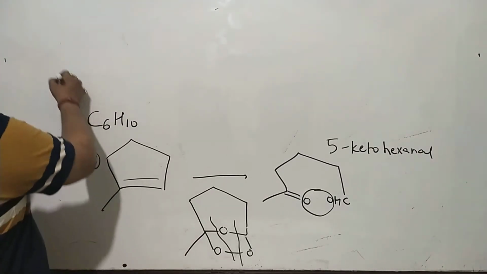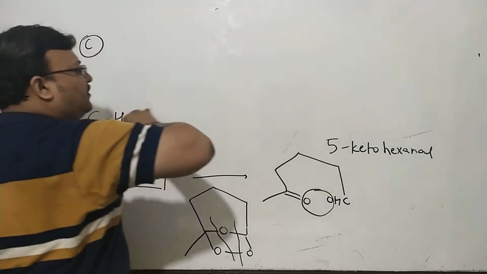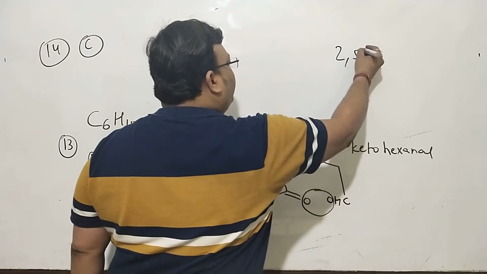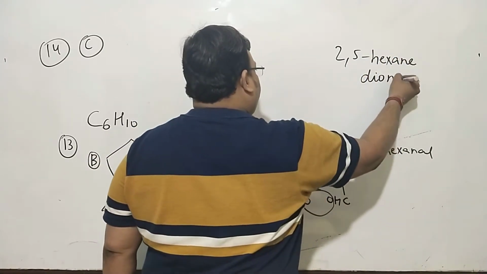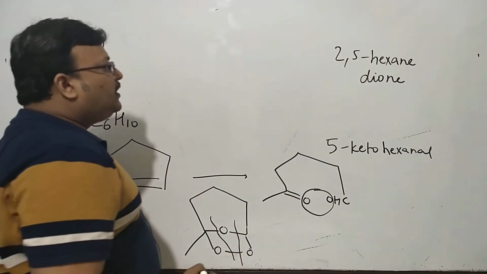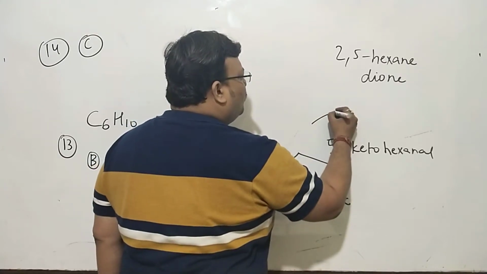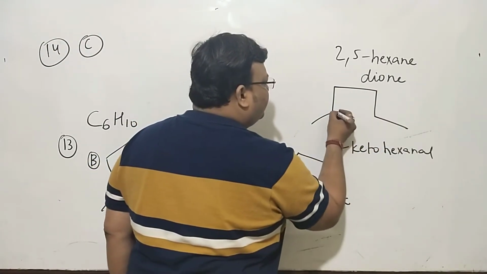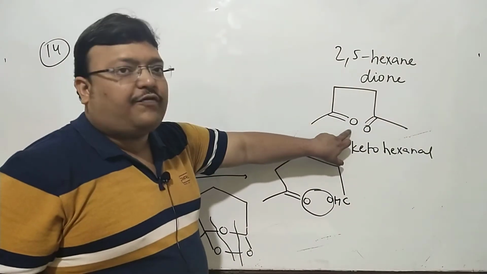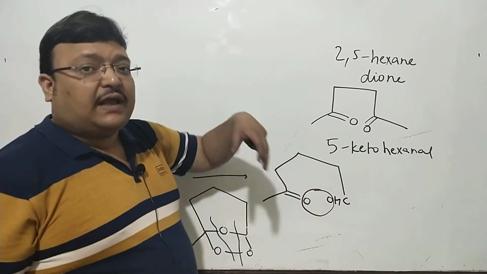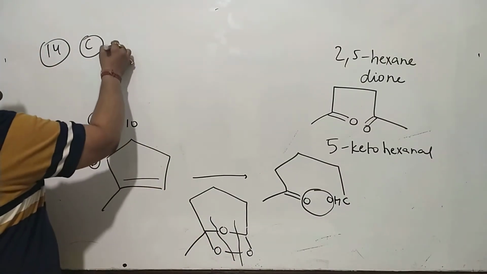Suppose I have another compound, and the ozonolysis product is 2,5-hexanedione. Now I know how to draw 2,5-hexanedione. It will be drawn like 1, 2, 3, 4, 5, 6. And from this compound, I can draw the original alkene. I'll remove these two oxygen atoms. I'll draw the original compound C in this way.